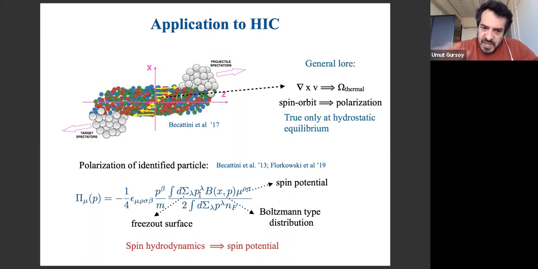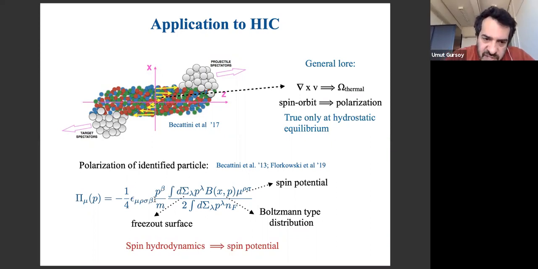And then here, let me explain what it is. These are the momenta of these particles. I'm assuming that these particles that are coming out of this quark-gluon plasma, like these hyperon particles, are massive. So there's some mass term. In the massless case, you also have the Pauli-Lubansky vector analogous to massless particles, but that's a different thing. I will be always assuming massive particles. And you integrate over the freeze-out surface.